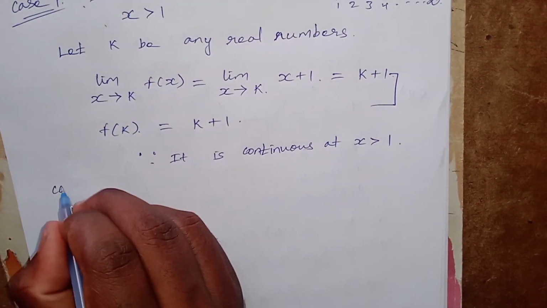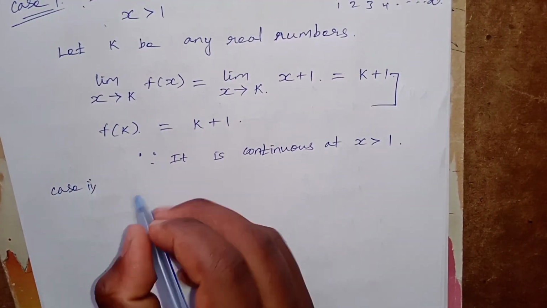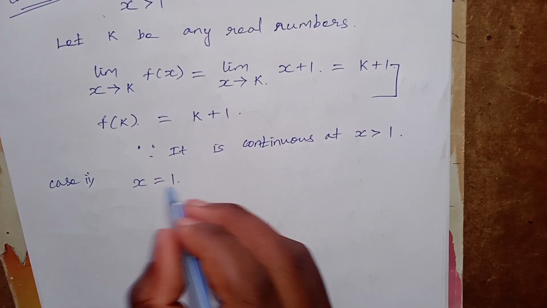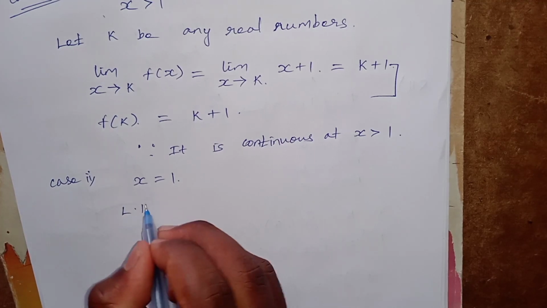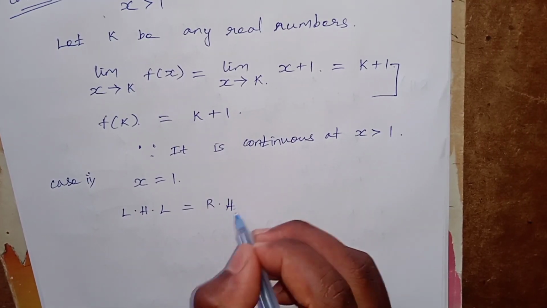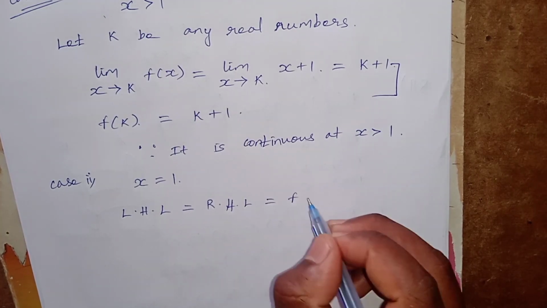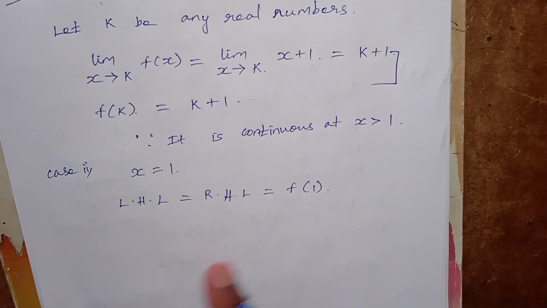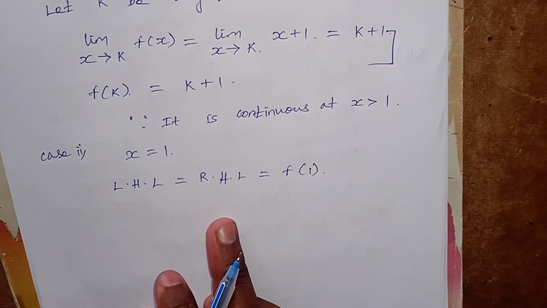Next, case 2, at the point x is equal to 1. Here you have to take the left hand limit and right hand limit equal to f of 1. All these three should be equal, then it is continuous.